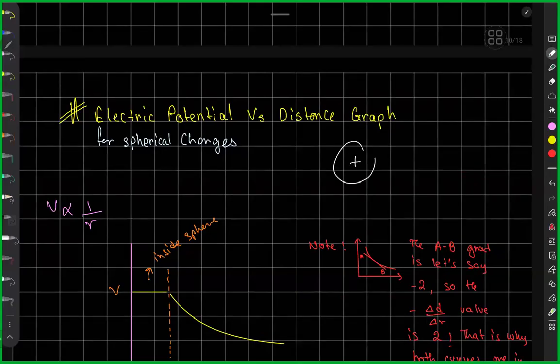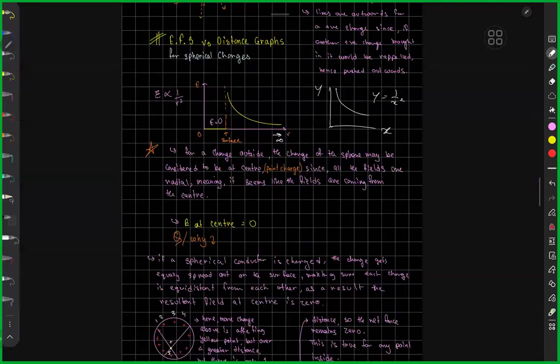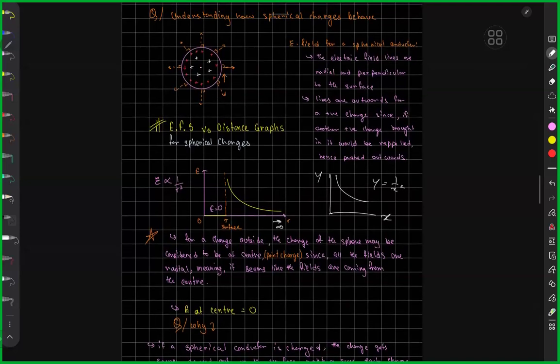Will we be asked the reasoning as to why the electric field inside is 0? Why the electric field inside is 0? No, you won't be asked that. Rather, it doesn't even come up in the CIE syllabus much that inside the sphere the electric field strength is 0.